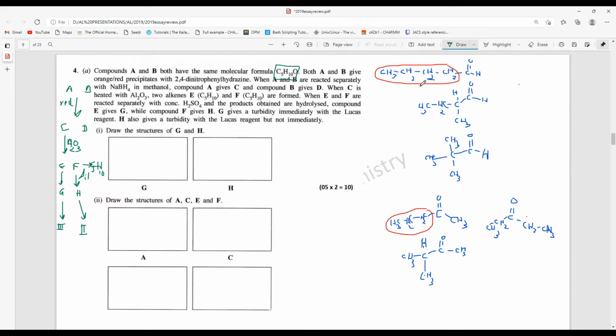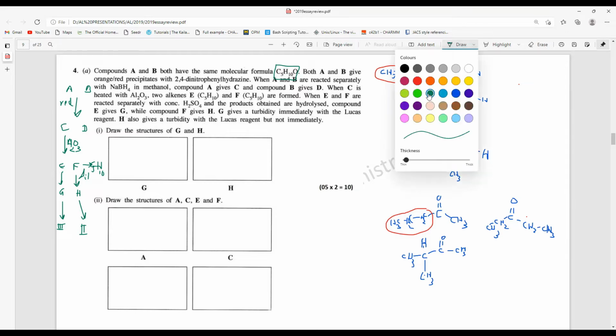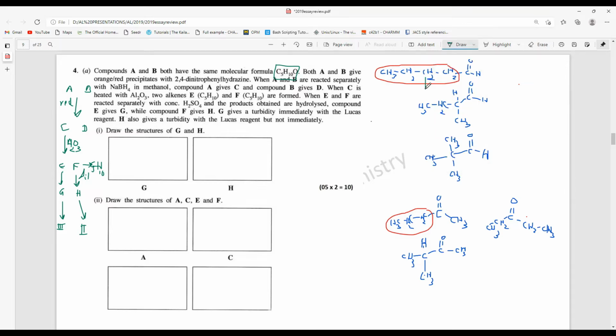The basic aldehyde that I can draw is the linear chain, with 4 alkyl carbons in the linear chain. Then I can attach this alkyl group from this place. That is what I have drawn here.